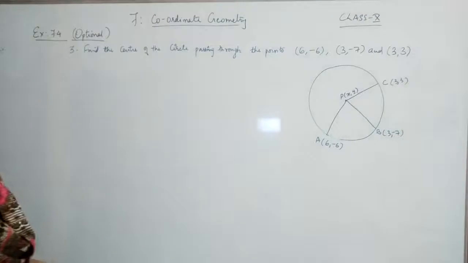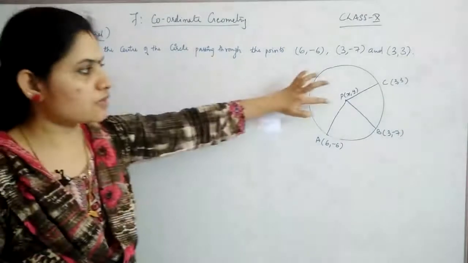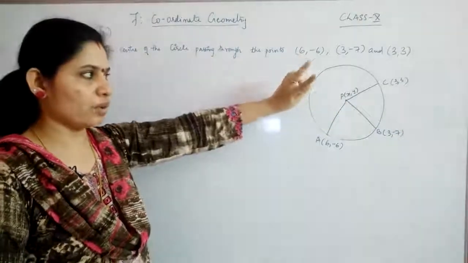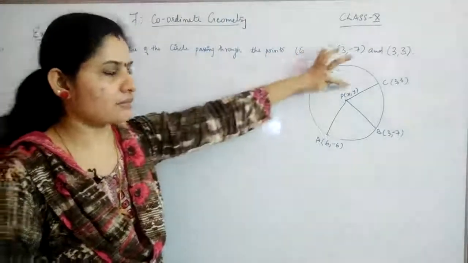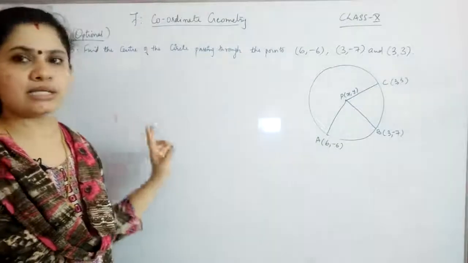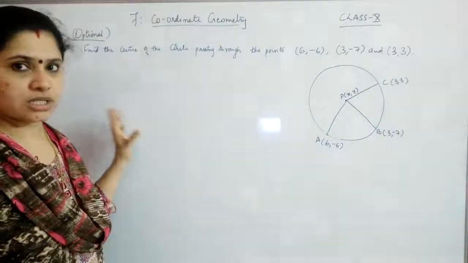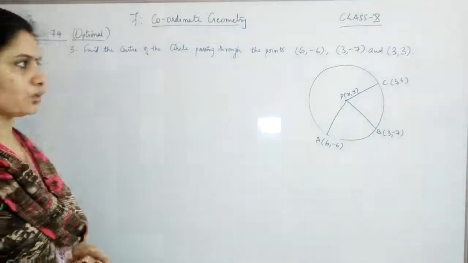Using that, we will find out what x and y are, because first we will use PA equal to PB, any two equalities, and you will get an equation containing x and y. Since you have x and y as two unknowns, you should get two equations so that you can find out both values. Okay.